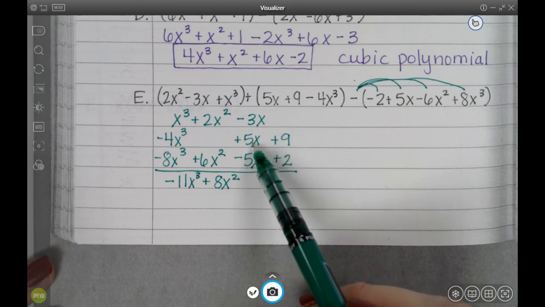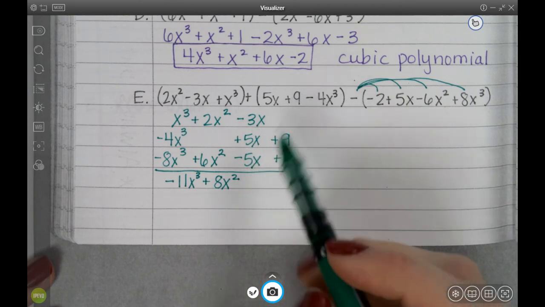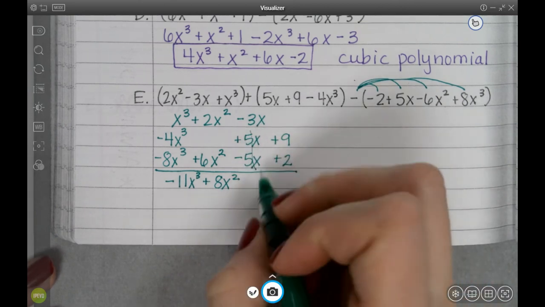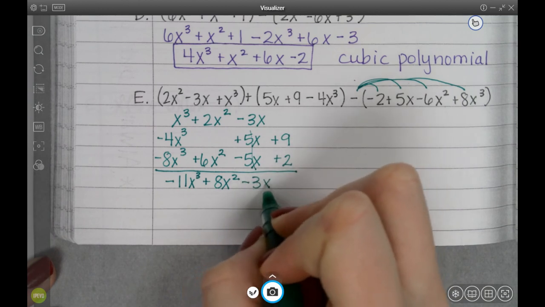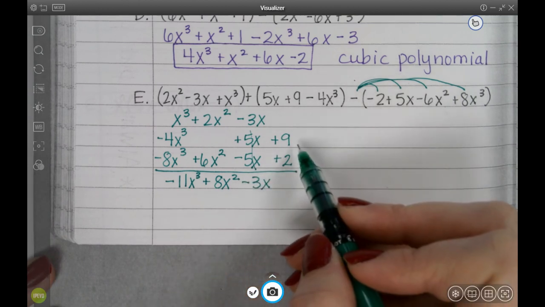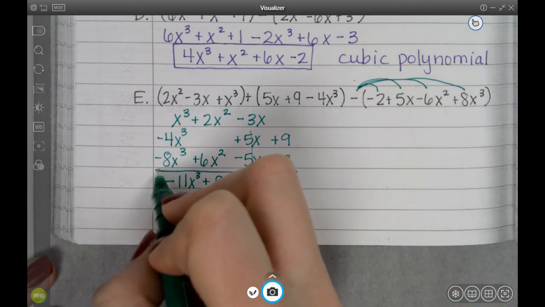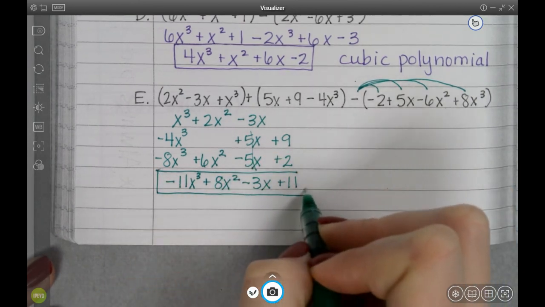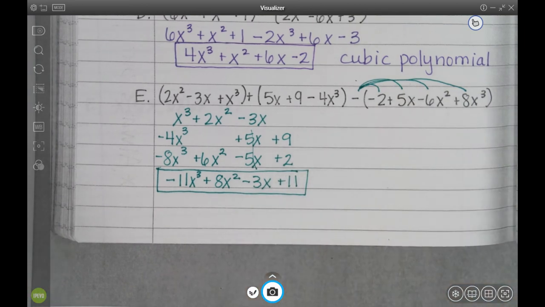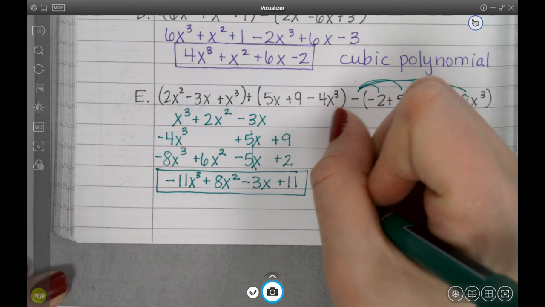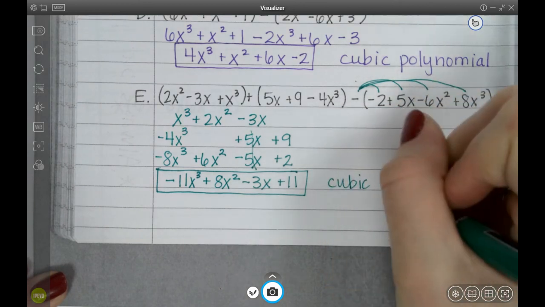Negative 3x plus 5x minus 5x, those cancel. So it's just going to be a minus 3x. And then plus 9 plus 2 gives you plus 11. And then once again, it's a cubic polynomial.